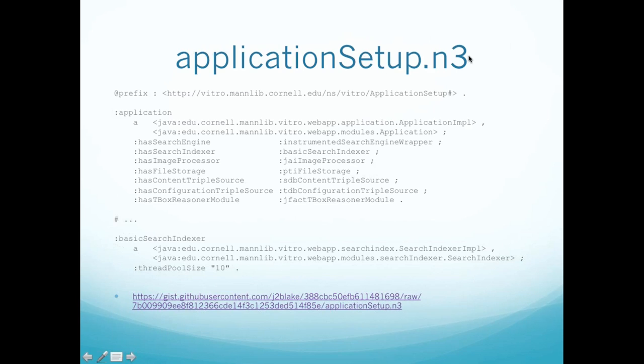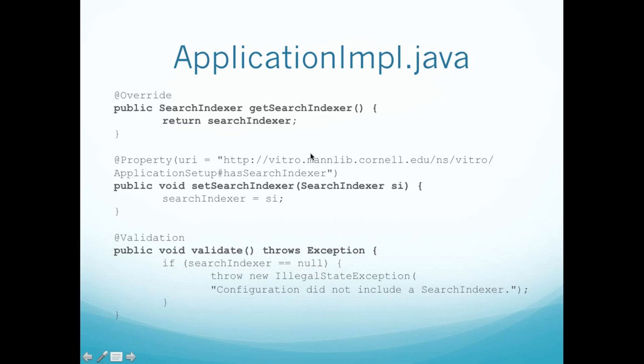So here's the setup file, and this goes into the home directory in a config subdirectory. There's a file called application setup.n3, and this is the structure of the application. We just say this is a URI. This represents an instance of both this concrete class and this interface, and it has these properties. And looking at those methods, if I just go back, we've got this has search indexer property, which is mentioned right here.